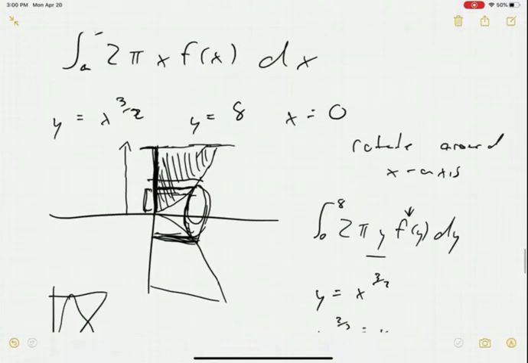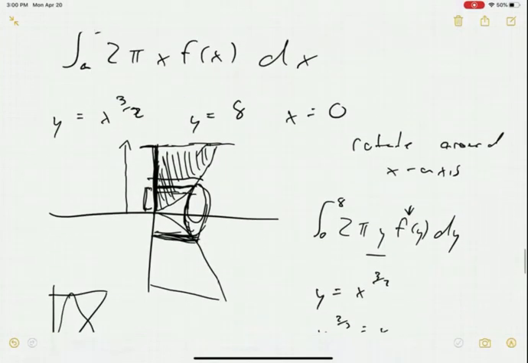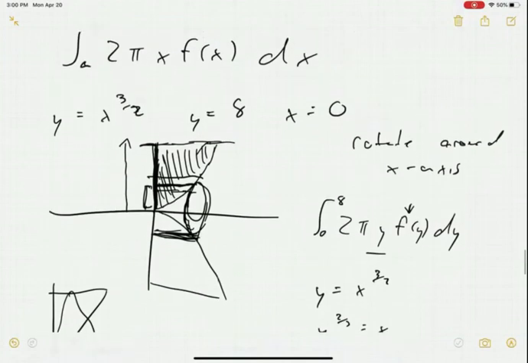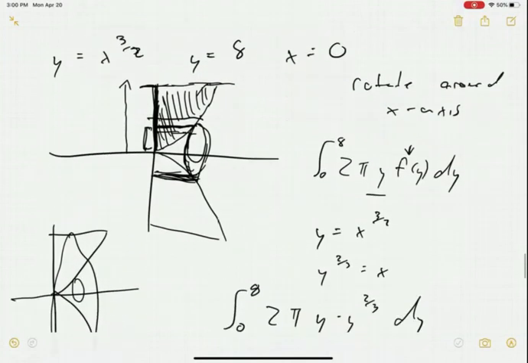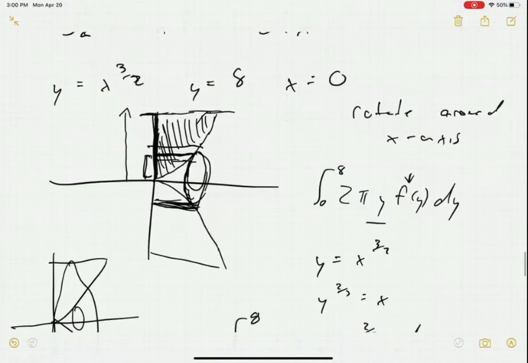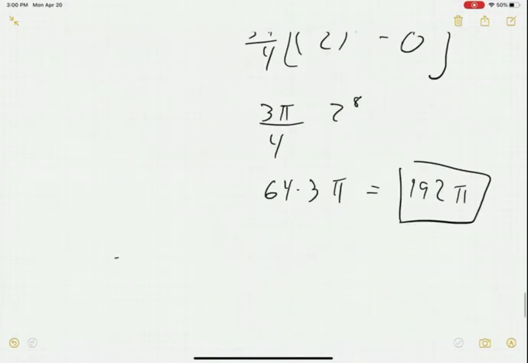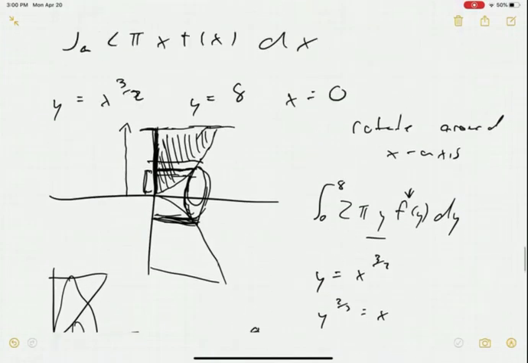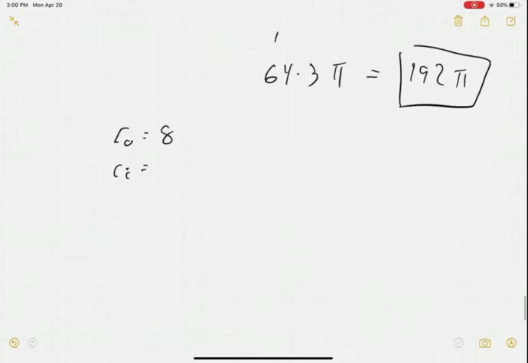Actually, no, I think you could probably do this either way. So we could try it real quick. Our outer radius would just be 8. Our inner radius would be x to the 3/2.